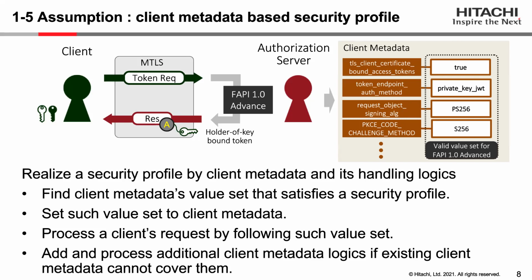And actually, the server and client set these values onto its client metadata. And the server processes this client request based on this client metadata value. By doing so, the server can apply the security profile to this client's request. If the existing client metadata and its corresponding logics cannot meet some security profiles, new client metadata and its corresponding logics might be added to the OAuth server.